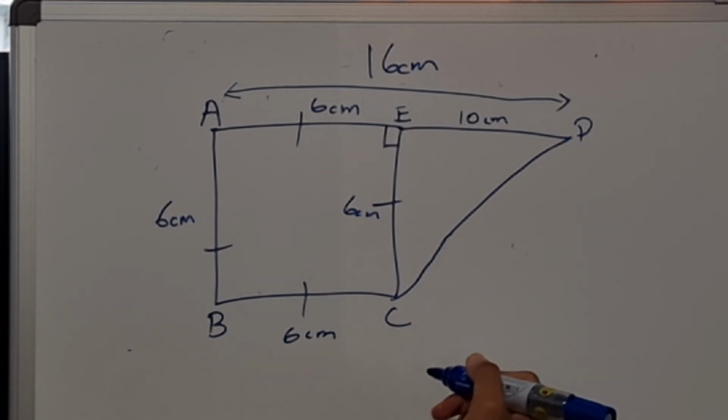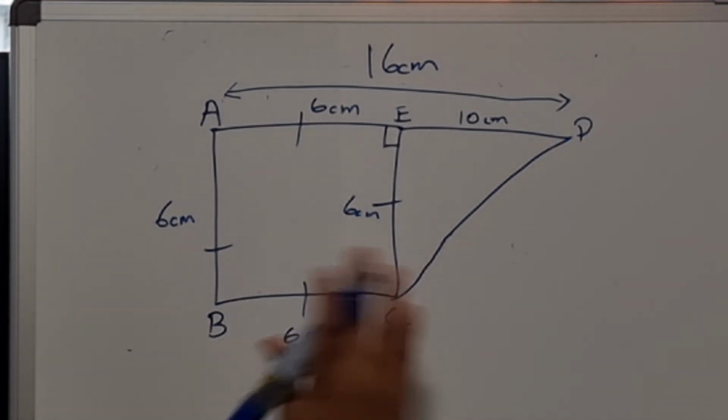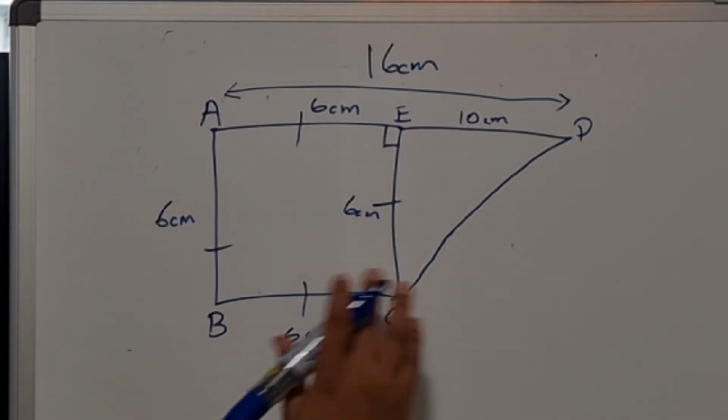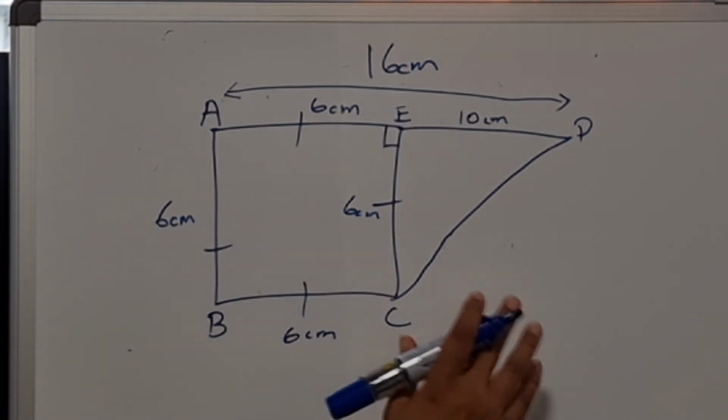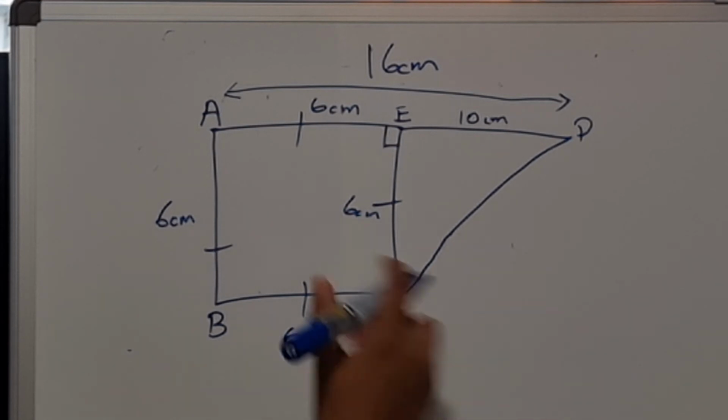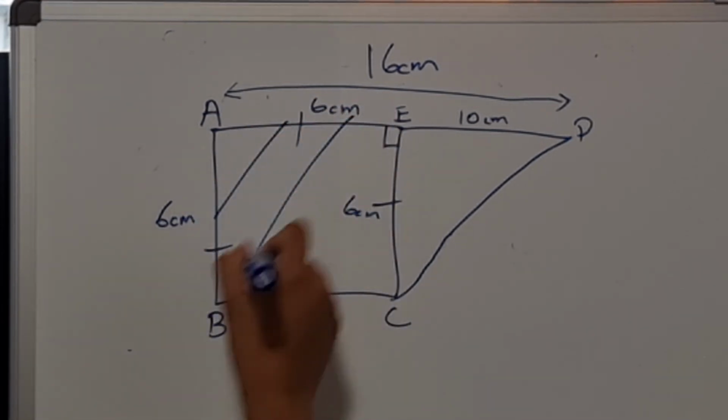Okay, so now how do we find area of this? So how you find area of this figure is you do part by part. First, we do the square.